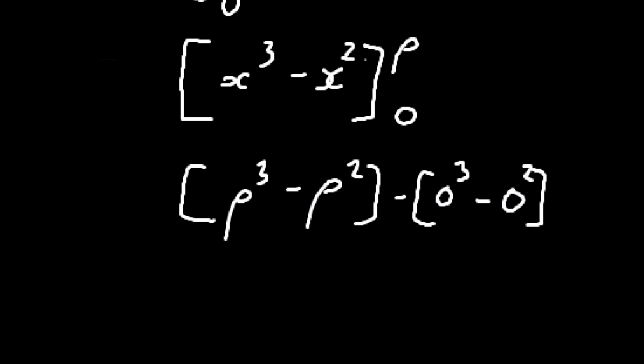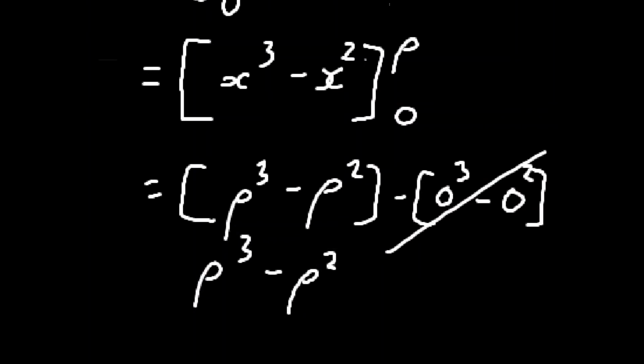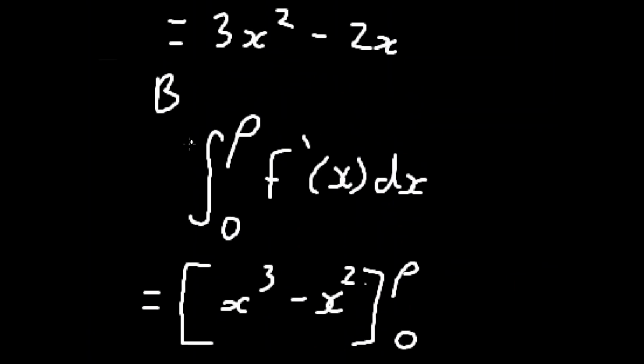Once we've done that, you can see that all of that cancels out to 0, and the final answer is going to be just rho to the power of 3 minus rho to the power of 2. That's it. You don't actually need to integrate it again. It just goes back to being the original value, and that's the fundamental theorem of calculus.